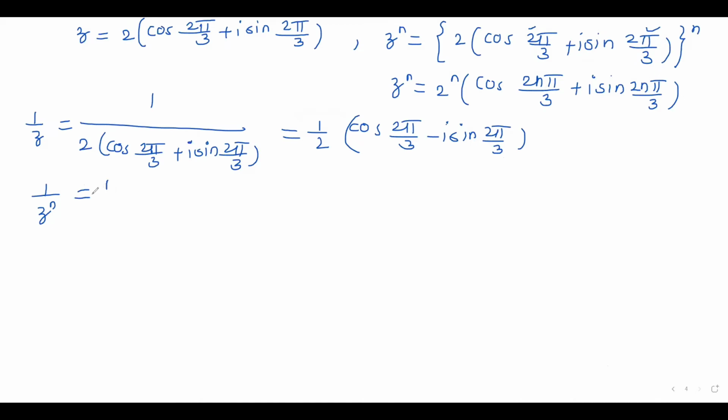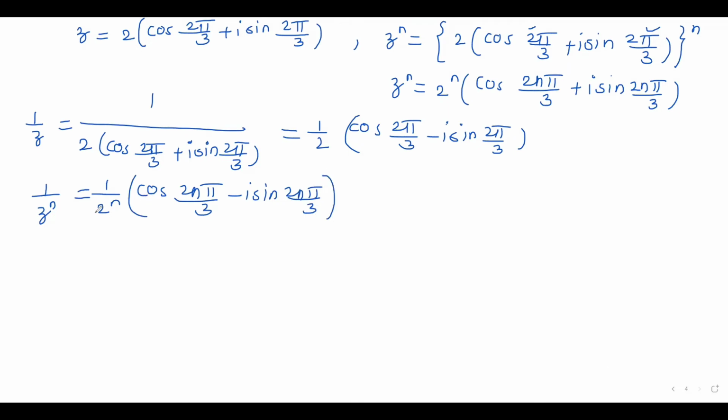So this will become 1 upon 2 raised to n, and here it will be cos of 2n pi by 3 minus i into sine of 2n pi by 3, right? So this is 1 upon z raised to n.